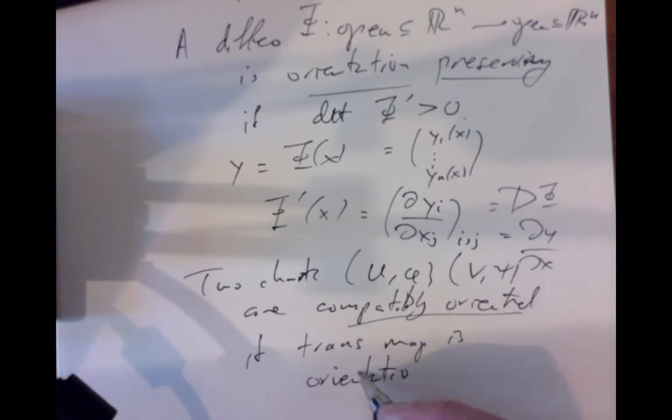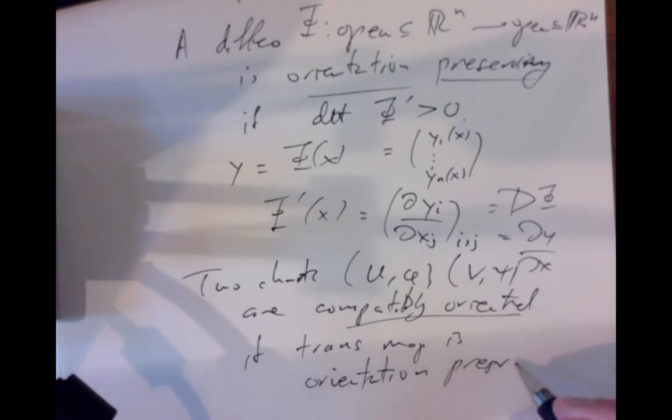So they agree on what orientation they give because when you use one to orient and use the other to orient, they have a transition map that tells you how to go from one to the other, and it's orientation preserving. So that's what we'll mean by it.